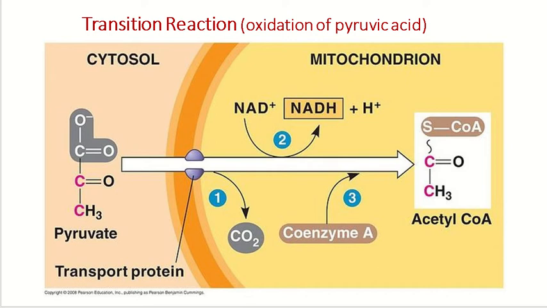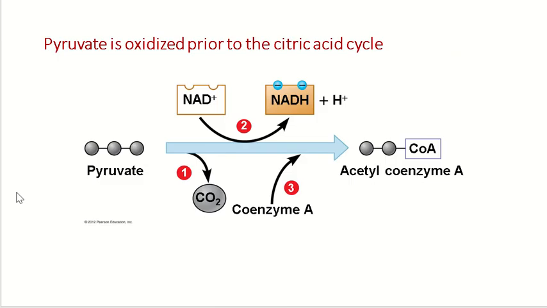So of course, as it now transfers pyruvate to the intermembrane space first, which is located between the outer and the inner mitochondrial membrane, it will now participate in the transition reaction or the oxidation of pyruvic acid. So of course, prior to the citric acid cycle, we have here the transition reaction or the oxidation of pyruvic acid.